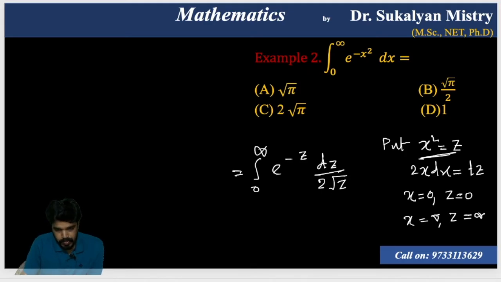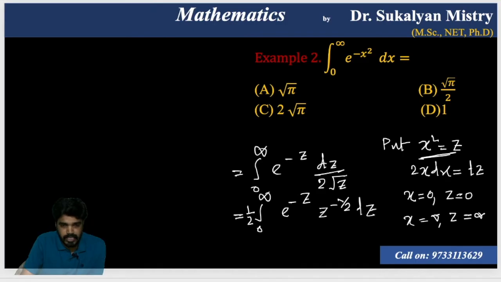So, that is 1 by 2 integration 0 to infinity e to the power minus z, z to the power minus half dz. Okay. So, what is the definition of the gamma function? Gamma n is equal to integration 0 to infinity e to the power minus x, x to the power n minus 1 dx.